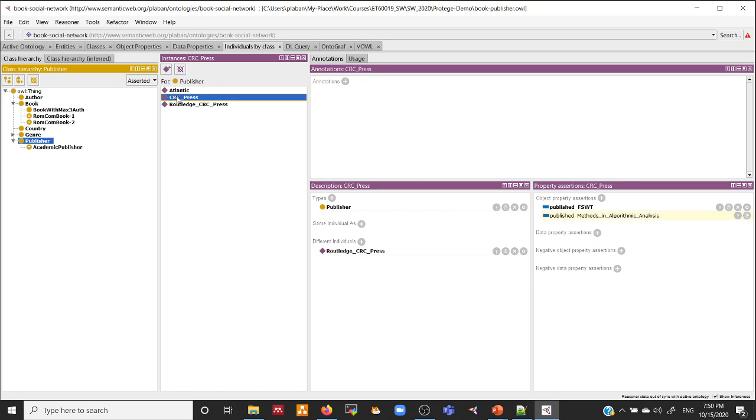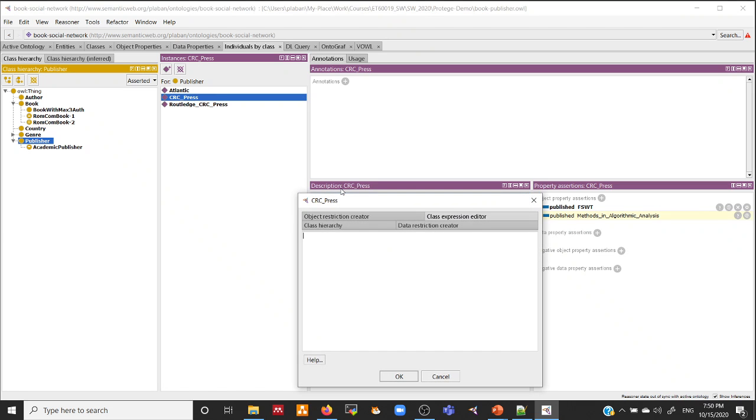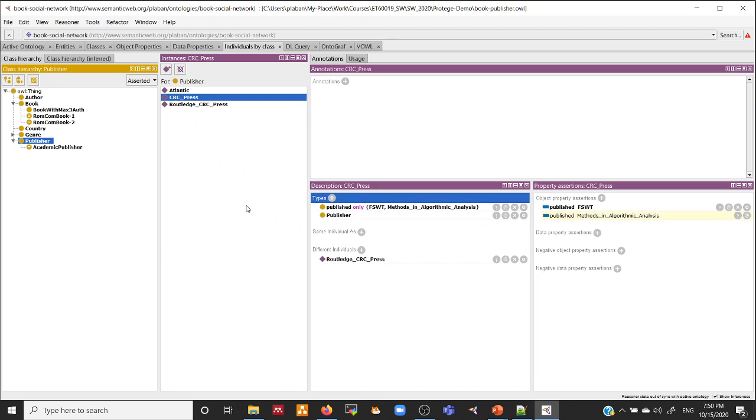So go to CRC Press and say that this publisher publishes only these two books, right? So it published only FSWT and methods in algorithm analysis, right? Now let us see what happens.